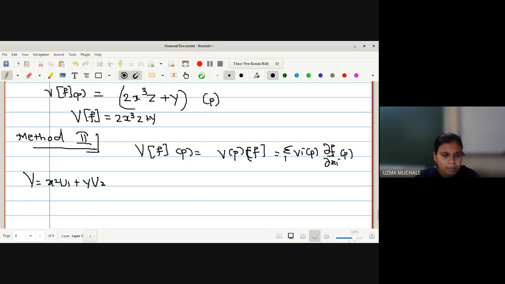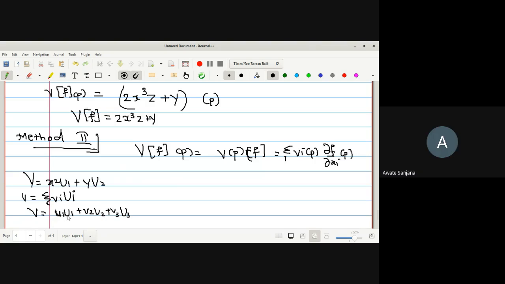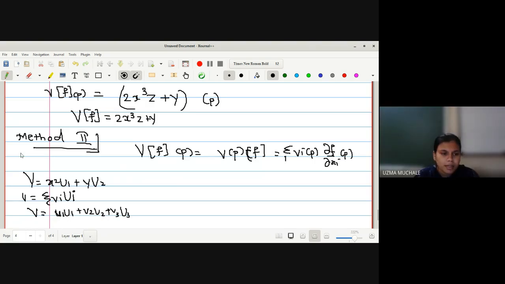Now if you remember, somewhere in the initial lectures we have proved that any vector field V can be written as summation over i of vi ui. Do you remember? V is written as v1 u1 plus v2 u2 plus v3 u3. It is the first theorem in our differential geometry paper. Yes, ma'am. At that time I told you that you have to write 1 2 3 as a linear combination of the basis vectors 1 0 0, 0 1 0 and 0 0 1.